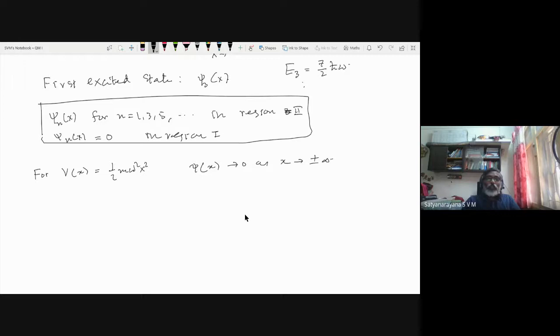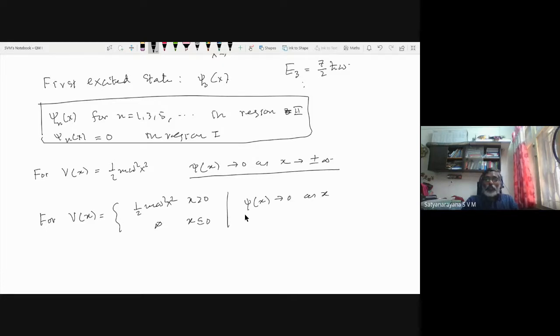Now if you think of the vector space of functions which satisfy this boundary condition, that will be the solution set. Now if you look at this potential, V of x equal to half m omega square x square if x is greater than 0 and infinity if x is less than or equal to 0, the boundary condition is that psi of x goes to 0 as x goes to plus infinity, and psi of x has to go to 0 as x goes to 0.